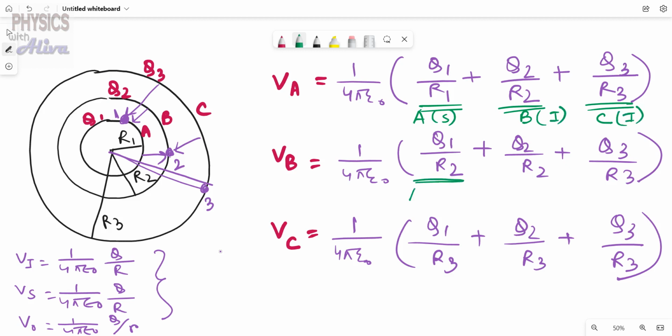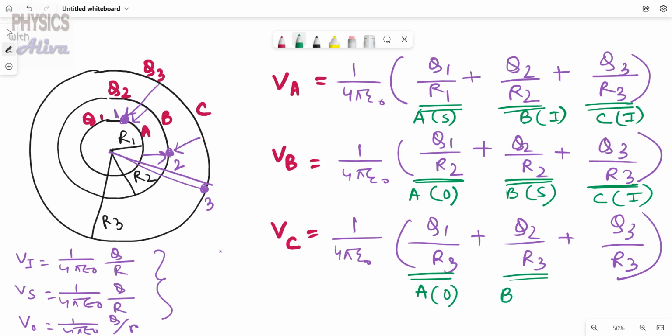For point 2, this is the contribution of A, the outside point; this is the contribution of B, the surface point; and this is the contribution of C, the inside point. For point 3, this is the contribution of A, the outside point; this is the contribution of B, the outside point; and this is the contribution of C, the surface point. I think this is clear to everyone.